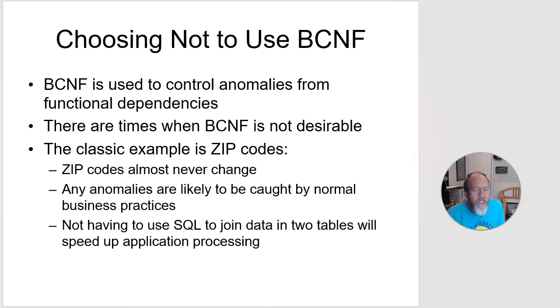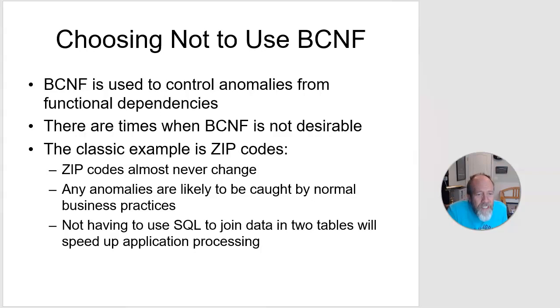Zip code will often show up in multiple tables repetitively, or even possibly repetitively in the same table, which makes no sense, but you know, it is what it is. I have seen that happen. But it shows up. You don't need to normalize zip code into its own table. You don't.